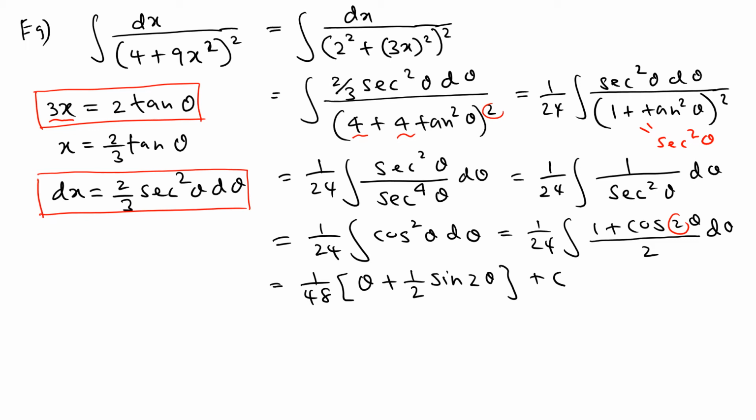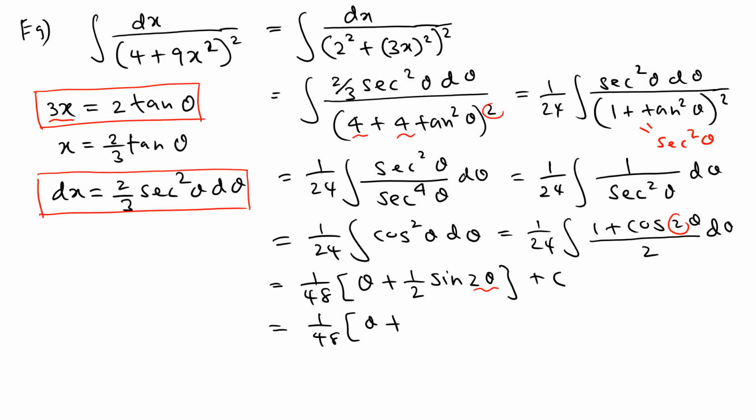Now what you're going to do is substitute. Don't just substitute for theta, because the theta you can substitute is simply tan inverse 3x over 2. That is really not the right way to do it, because if you do that you still have to simplify this. So what you normally do is use a double angle formula first to simplify this. So we can write it like this: 1/48.